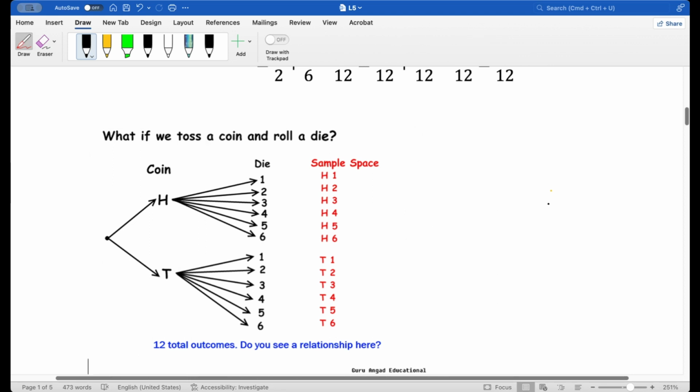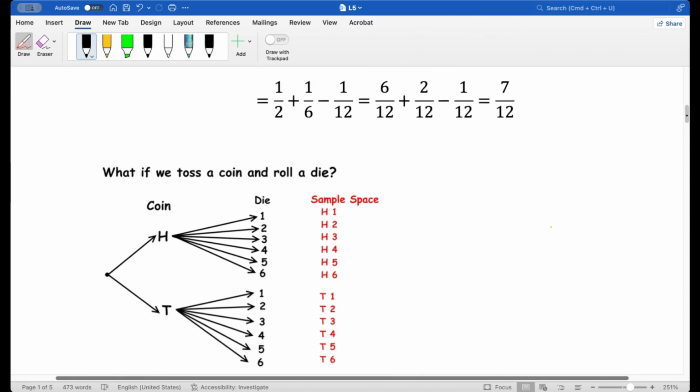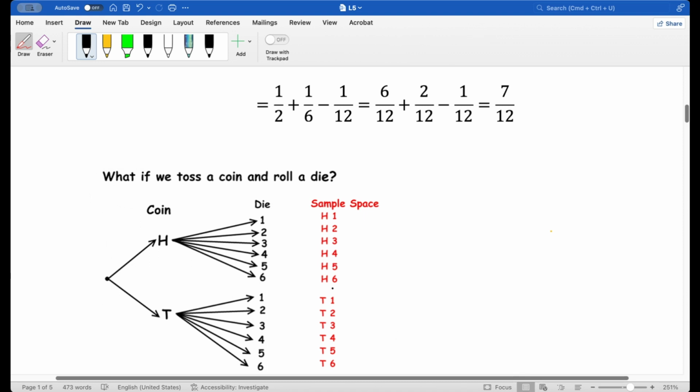So we see that we have 6 out of 12 outcomes that contain the T. We have 2 outcomes that contain the 3.